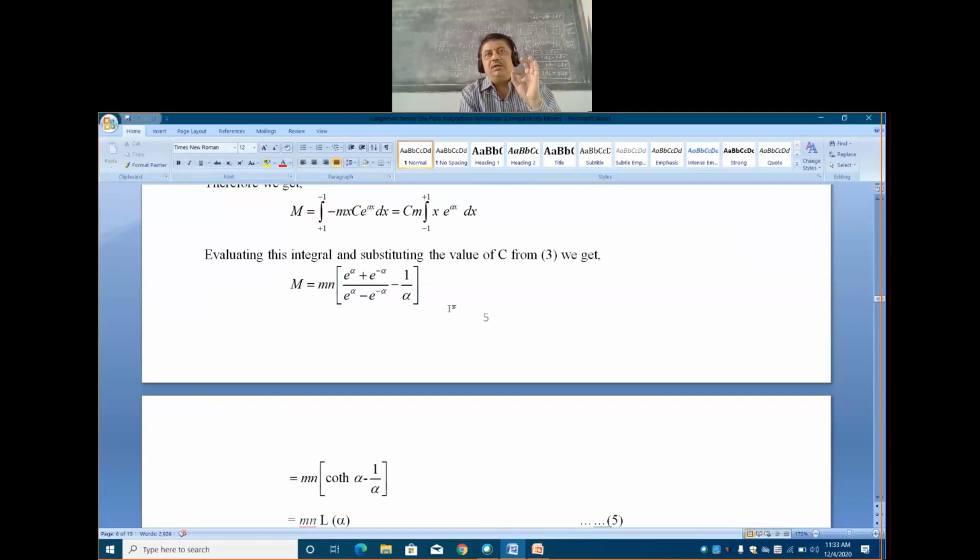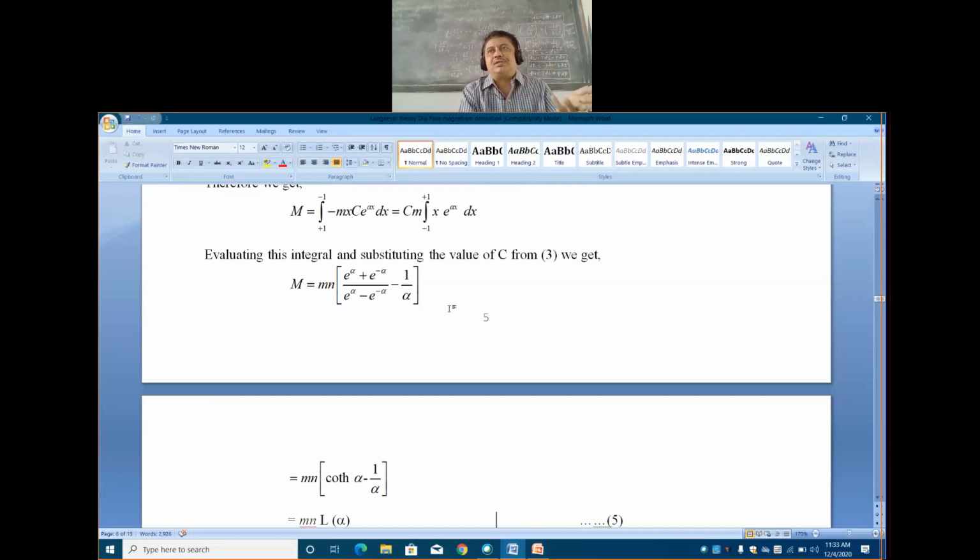Listen carefully: e raised to alpha plus e raised to minus alpha divided by 2, and e raised to alpha minus e raised to minus alpha divided by 2, are cos h and sin h, the hyperbolic functions.